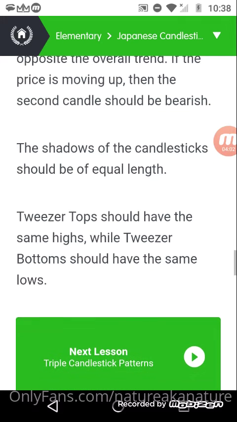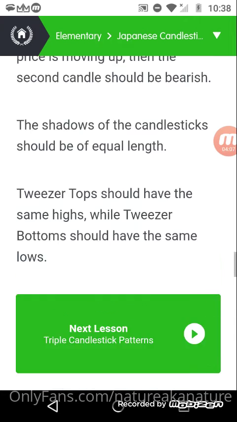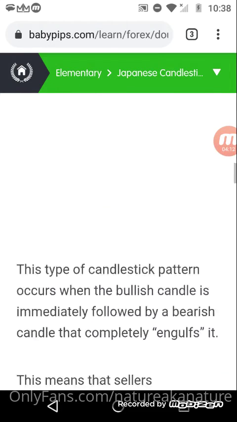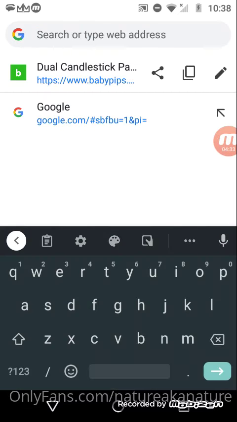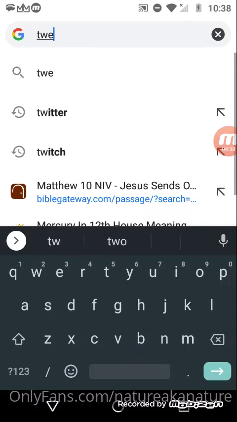Okay, so this is a tweezer top pattern. Let's see the example they have of a tweezer top and tweezer bottom. A tweezer topping pattern occurs when the highs of the two candlesticks occur at almost exactly the same level following an advance.